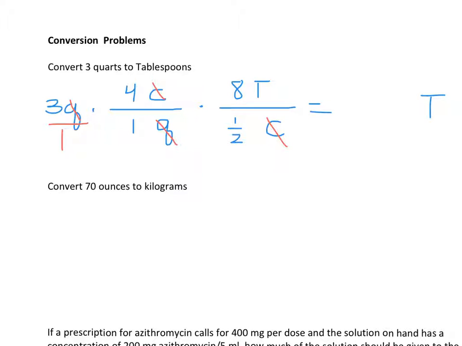That is the only label that we're left with. All right, so now we just need to do the multiplication. So we've got 3 times 4 times 8, and then dividing that by 1/2, or dividing that by 0.5, or multiplying by 2, we end up with 192 tablespoons.